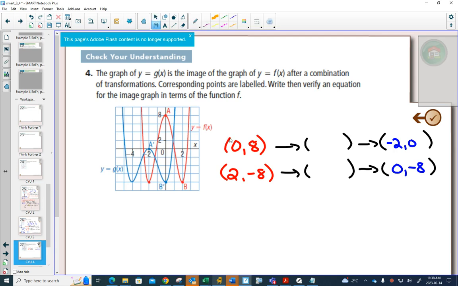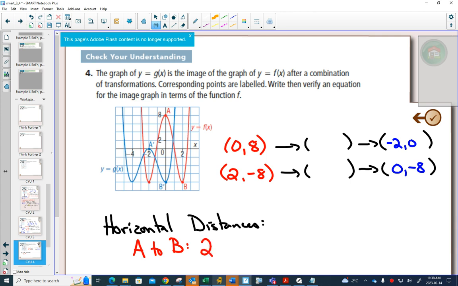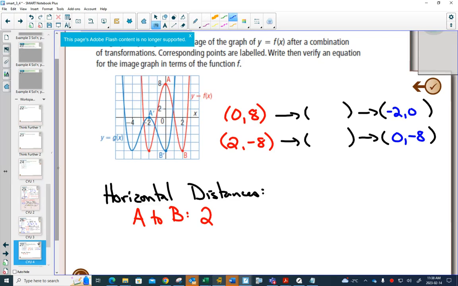In that second method, you remember, we first looked at horizontal distances, and we looked at the horizontal distances on our original one. So if I went from A to B, I'm starting at 0, I'm going 2 to the right, so I'm going to put a +2 for my horizontal distance between A and B. Then if I look at A prime to B prime, on my blue graph, I'm going from -2 to 0.